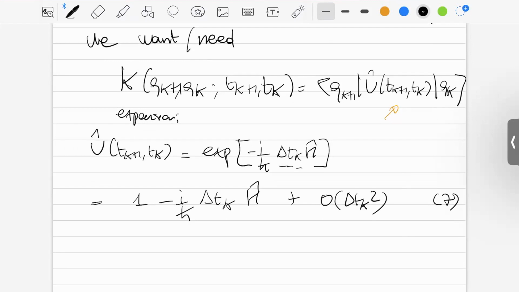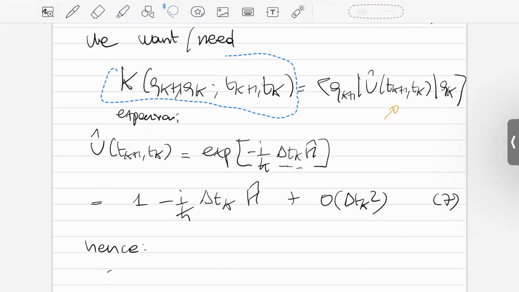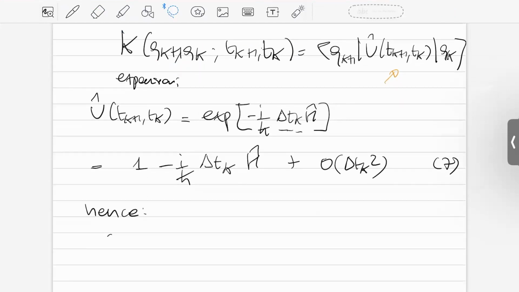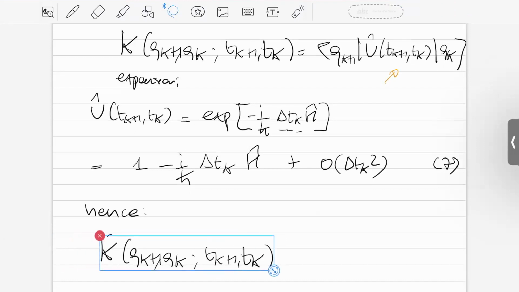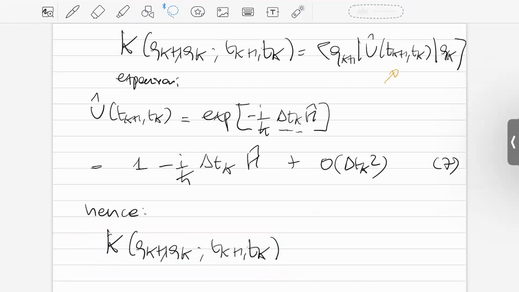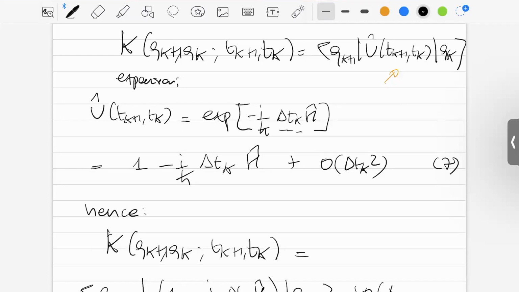So only the first term, at linear order, we just need that. So it means that the object we have, let me copy this, our propagator here is equal to the matrix element of q of k plus 1, and then the expansion inside, 1 minus i delta tk H, qk, plus other terms of order delta tk squared.